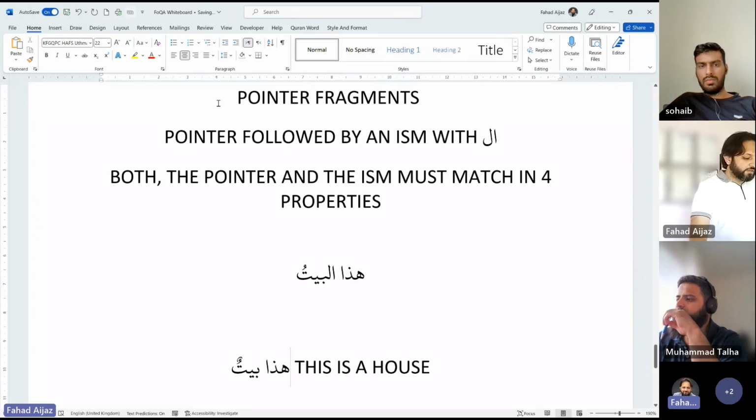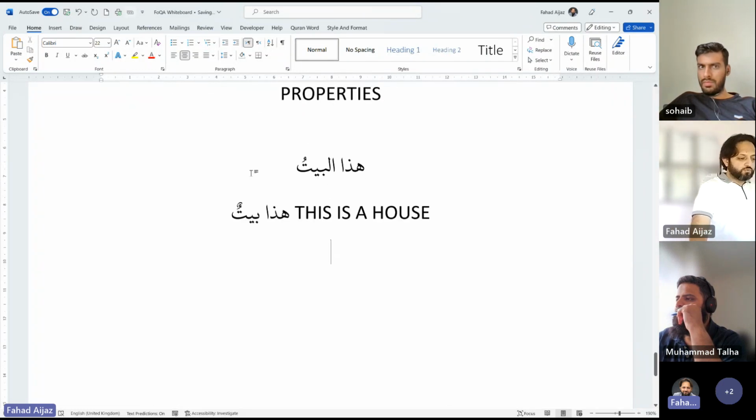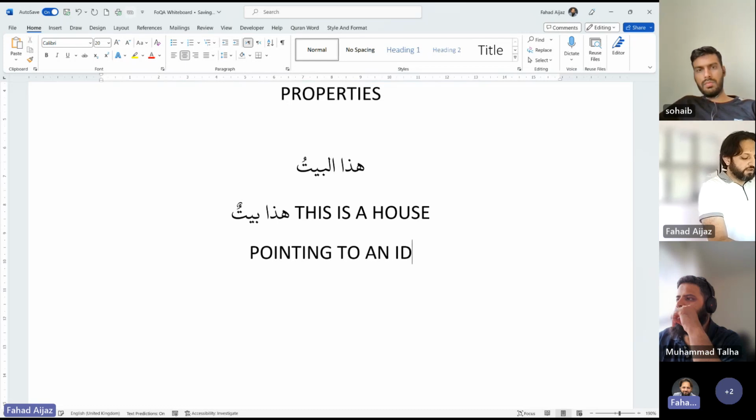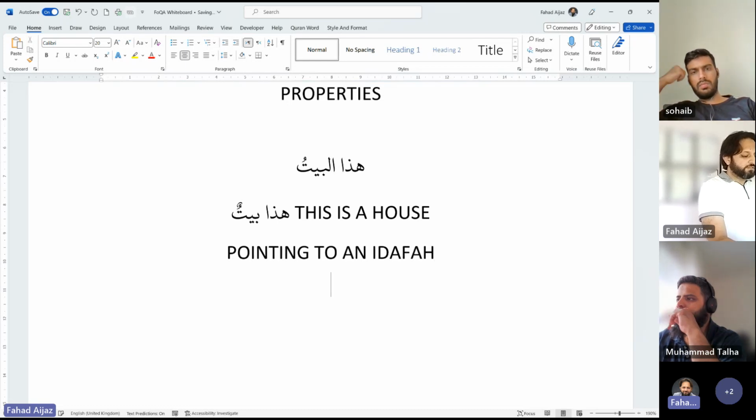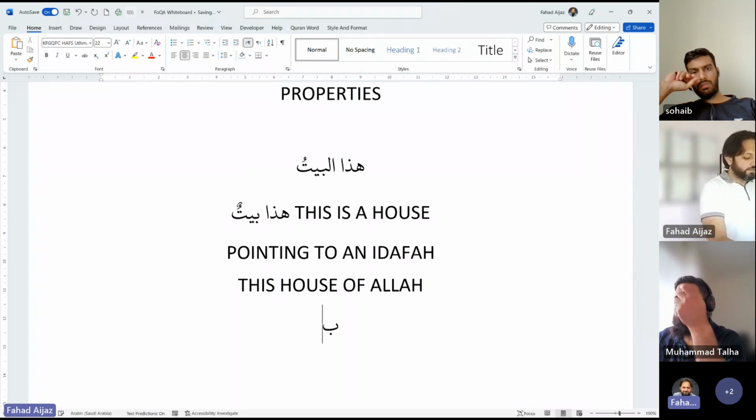We did a few other things. For example, we did when the pointer needs to point to an idafa fragment. That means if I have to say this house of Allah, I know the house of Allah is Baytu Allahi.